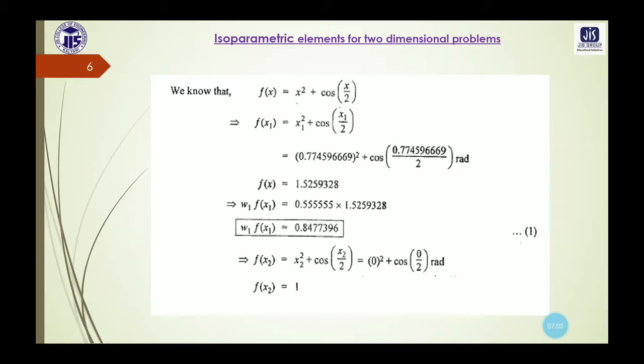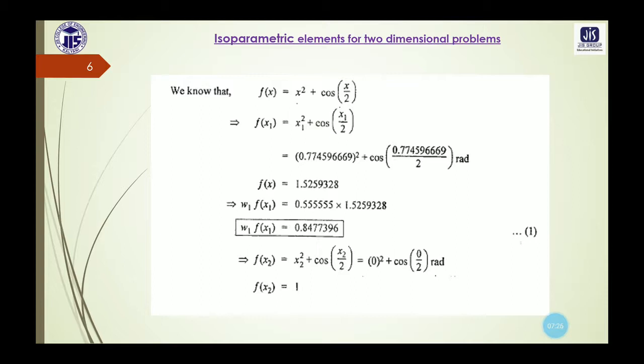Next, we need to find the value of w1 into f(x1). Now the value of f(x) is given in the numerical and it is x square plus cos x by 2. So f(x1) is x1 square plus cos x1 by 2.